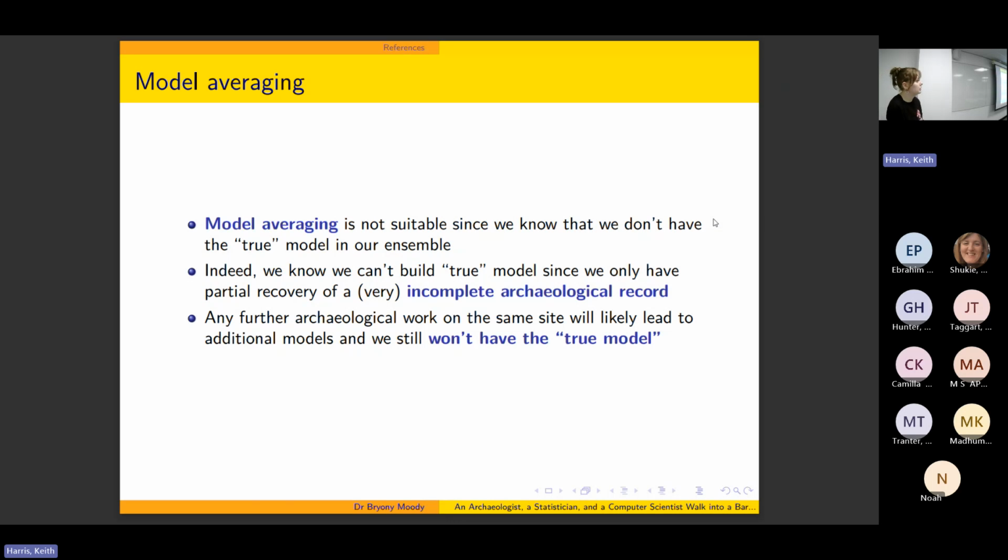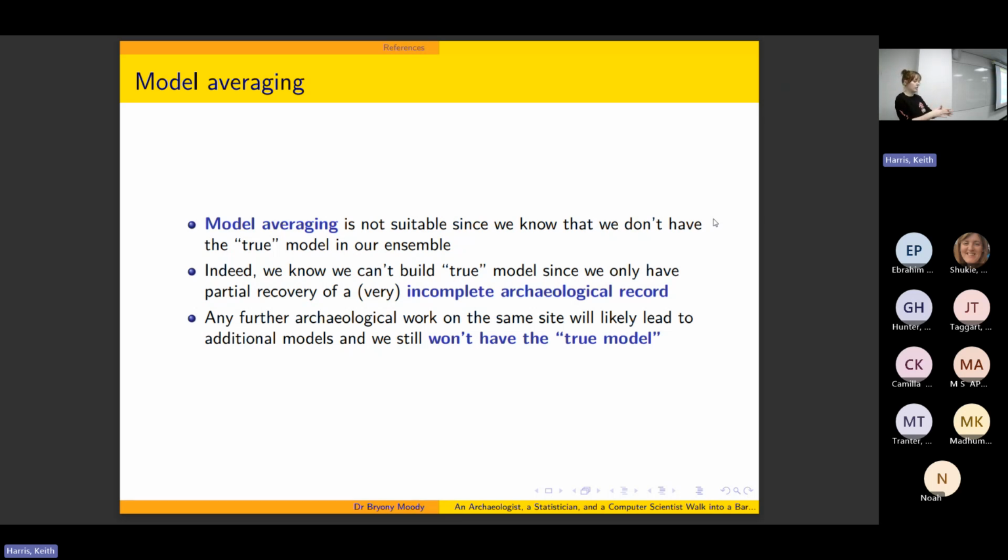Model averaging was something I also looked into but eliminated quite quickly, because it assumes that you have a true model in your ensemble of models, and I absolutely categorically don't believe that ever. We can never fully excavate a site. There's human error. Sometimes they have absolute novices like me on the site helping excavate, so you can imagine there's always going to be that human error.